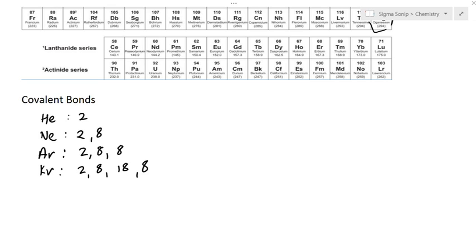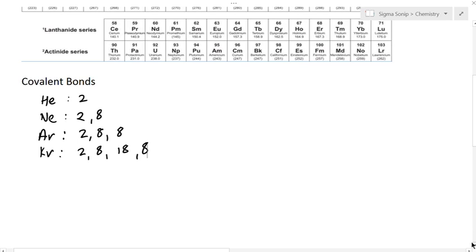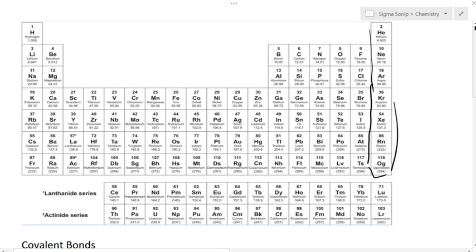And when atoms combine, basically they are trying to have 8 electrons in their valence shells. In the previous video we saw that atoms could manage to have 8 electrons by either giving up electrons completely or accepting electrons. Sodium can acquire the electron configuration of neon by just giving 1 electron, so it would form a positive ion.